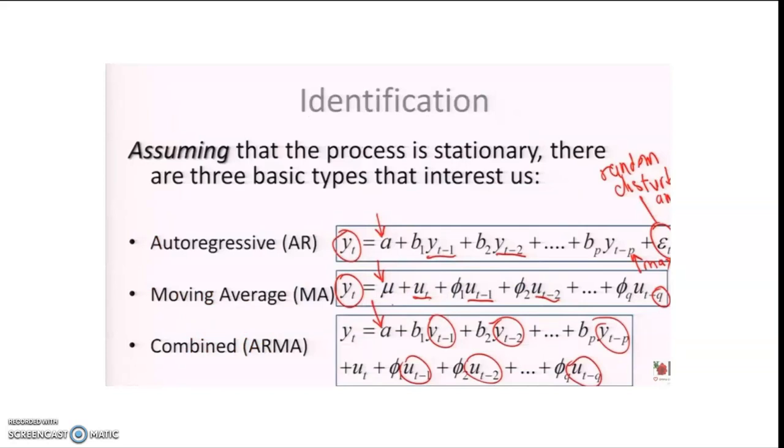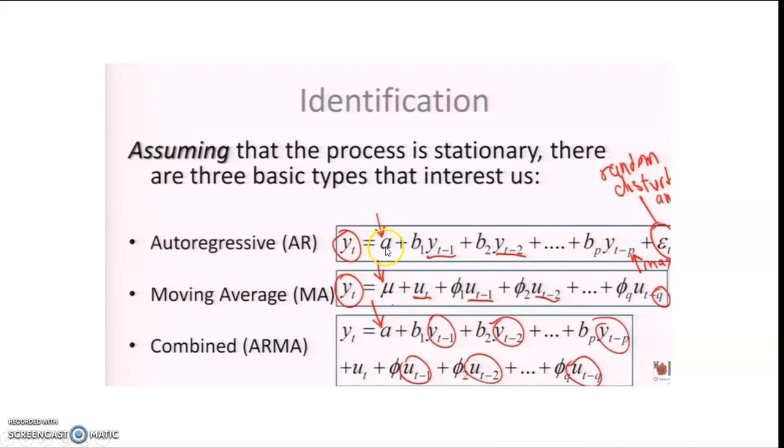Let us assume that the process is stationary. There are three different types of processes that we may be interested in. The first one is autoregressive, and autoregressive means the regression of the yt series on its own lags up to the pth order.